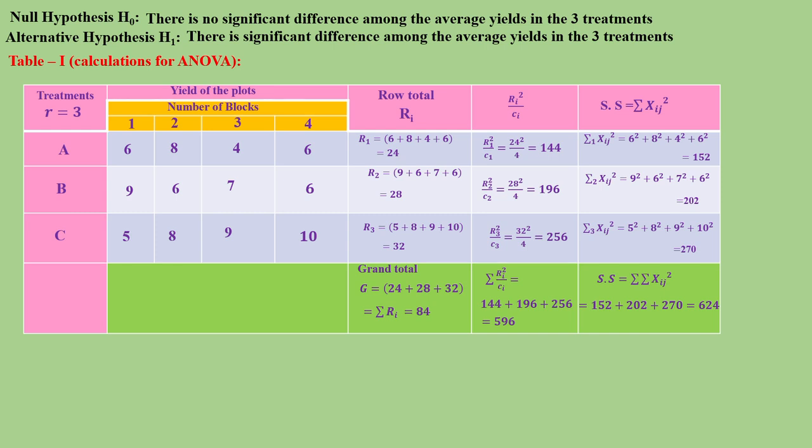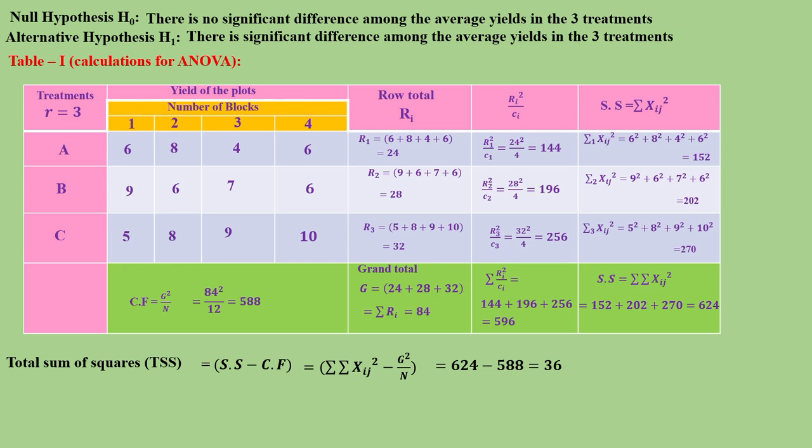Next you have to find the correction factor CF, G square by N, that is equal to 84 square by 12, that is equal to 588. Next we are going to find the TSS, total sum of squares. Formula: summation xij square minus CF, so from the table, 624 minus 588, that is equal to 36.